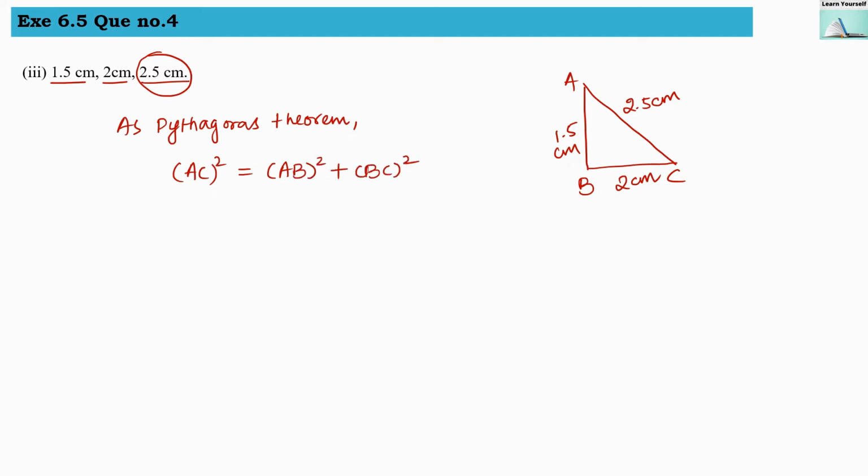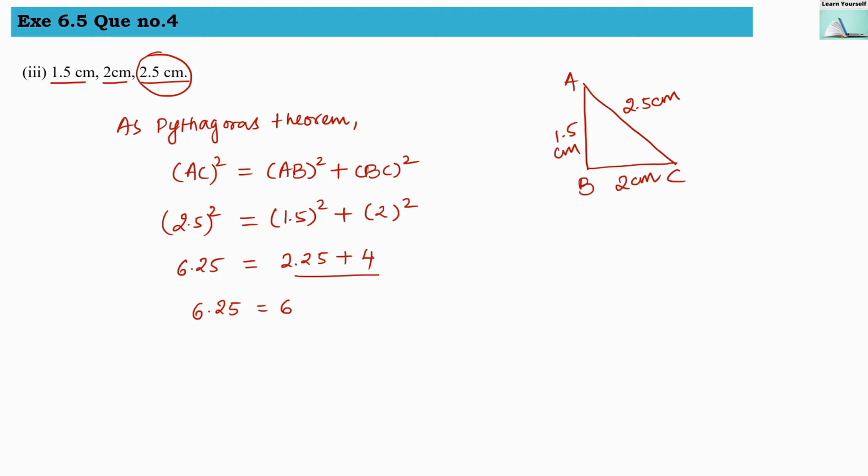Now let us insert the values. AC square is 2.5 centimeters square, equals 1.5 square plus 2 square. So we get 6.25 equals 2.25 plus 4. The addition of these two gives us 6.25. So RHS equals LHS. So this triangle is a right angle triangle.